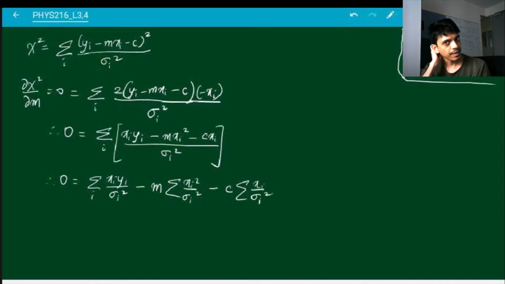When you've taken your data, for each data point you know xi, yi, sigma i. So x1, y1, sigma 1, x2, y2, sigma 2, all the way to xn, yn, sigma n. You make the measurement in your experiment, you just plug in those numbers over here, take the sums, and you will get this equation.